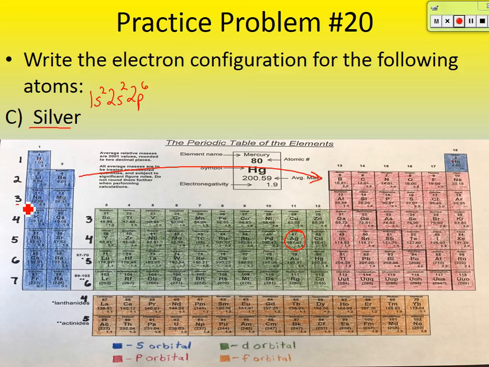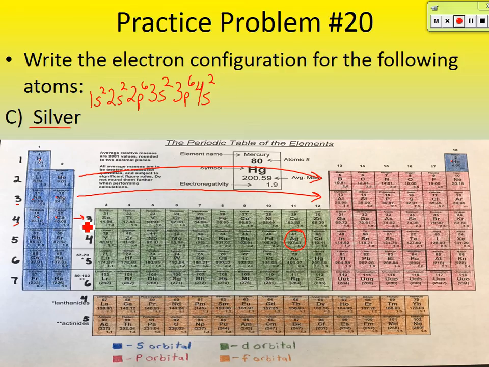Let's go to the third row down. Third energy level, s orbital, 2 electrons. Okay, let's move across. We're still in the third energy level, p orbitals, and there's 6 across. Now we're done with the third. Let's go to the fourth. Fourth energy level, s orbital, and there's 2 across, so 4s2.